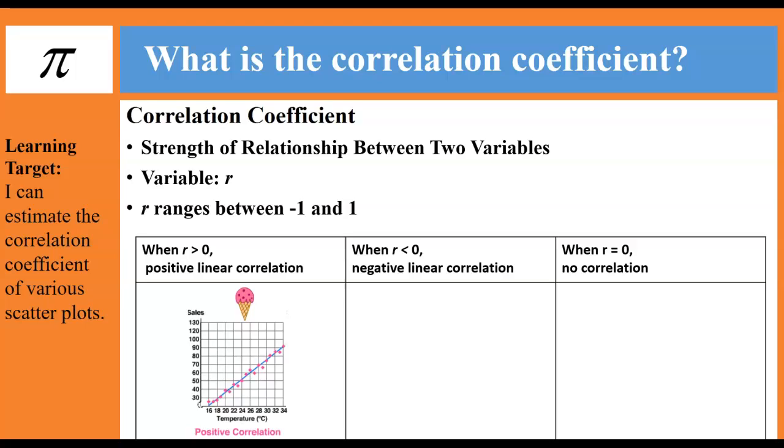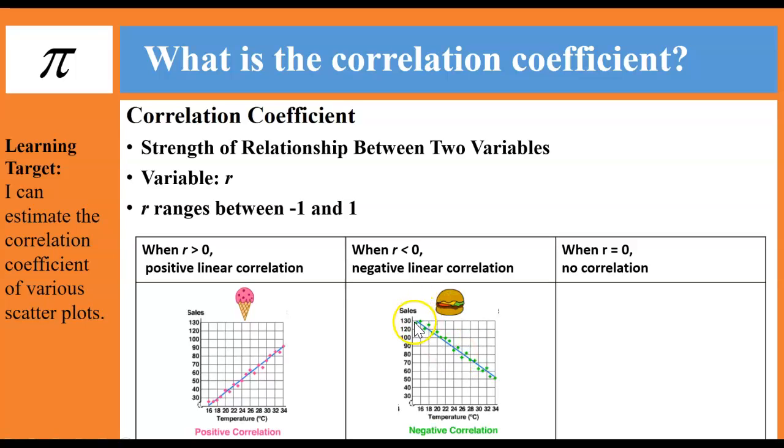So when your r is greater than 0, when your r is positive, that means there's a positive linear correlation. Now, when your r is negative, that means there's going to be a negative linear correlation. Do people want a hot hamburger when it's very warm out or very cold out?